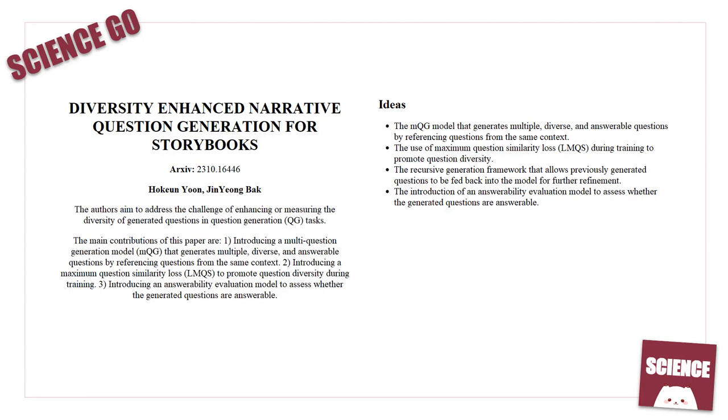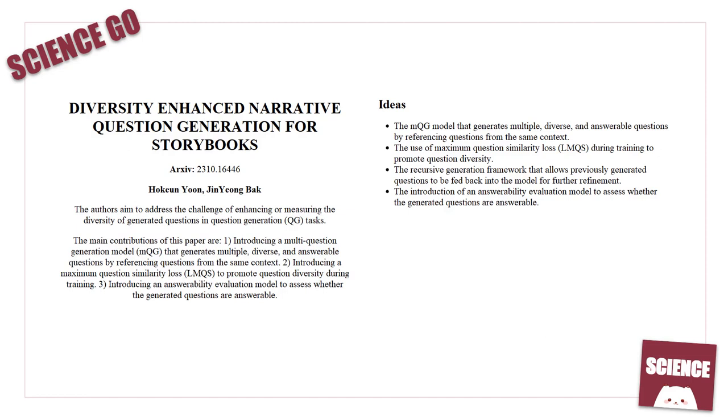They also introduce a maximum question similarity loss to promote question diversity during training. Additionally, they develop an answerability evaluation model to assess whether the generated questions are answerable. This paper's contributions are important because they provide a way to generate a variety of questions that can enhance reading comprehension and engagement with storybooks.